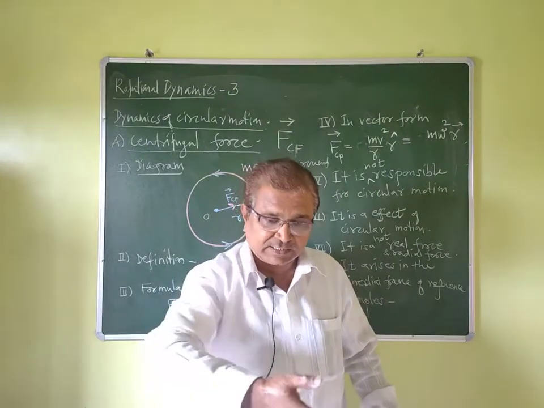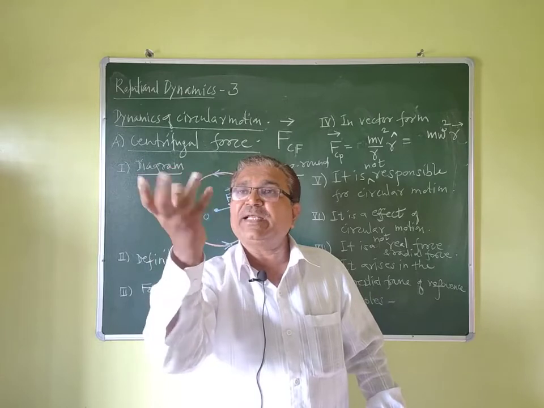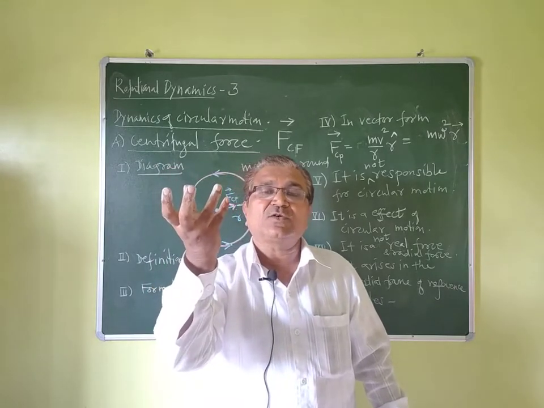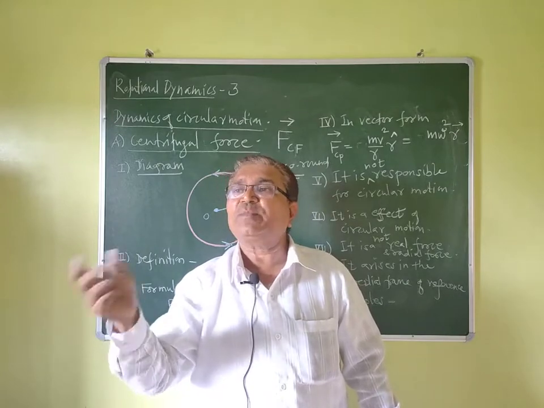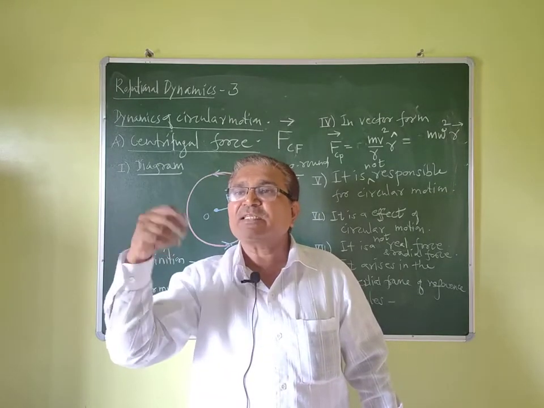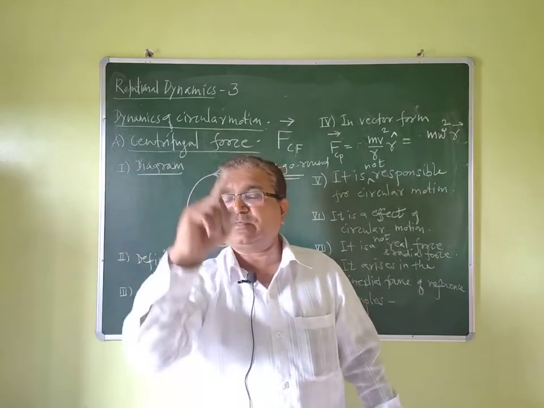Persons are sitting on the chairs, and the merry-go-round is rotated with the help of electric supply or by applying external force by hand. It starts rotating like this.